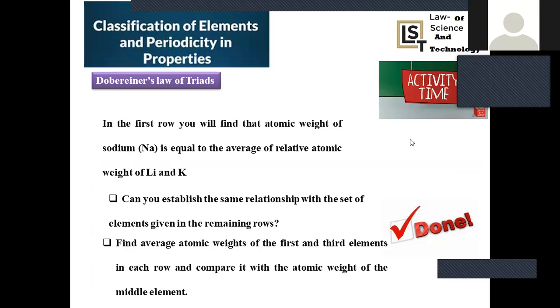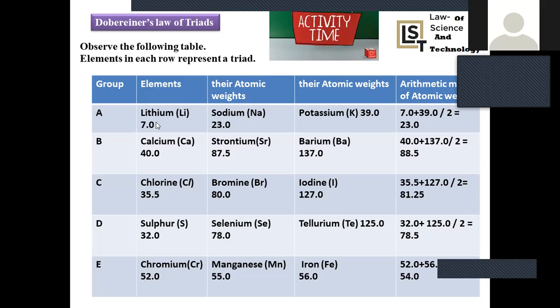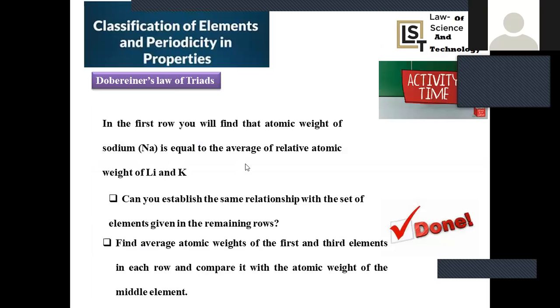Dobereiner triads, what is the conclusion which we drew from this? In the first row, you will find that the atomic weight of sodium is equal to the average of lithium and potassium. Here sodium is the exact mean of 7 plus 39 by 2, that will be 23, exactly equal to the central one that we already did in the activity. Then, can you establish the same relationship with the set of elements given in the remaining rows?